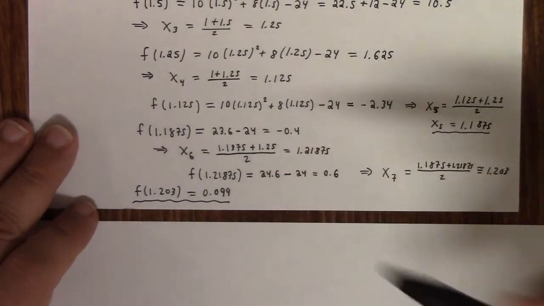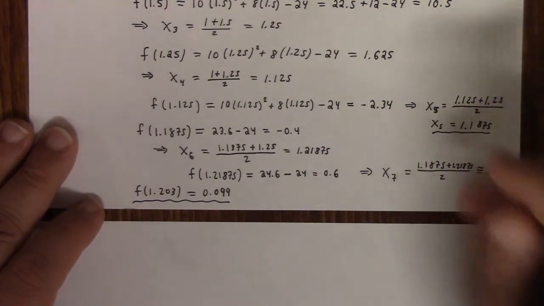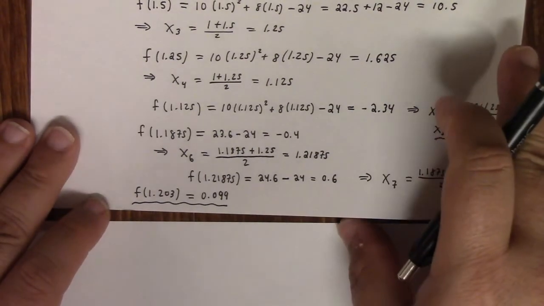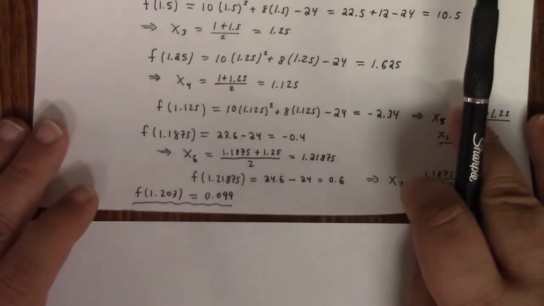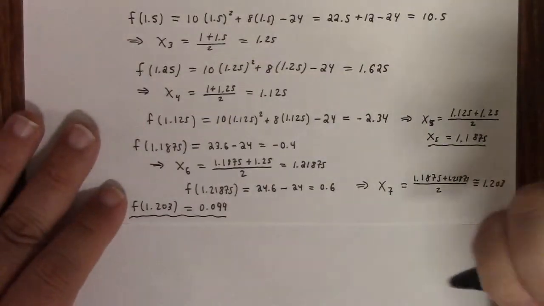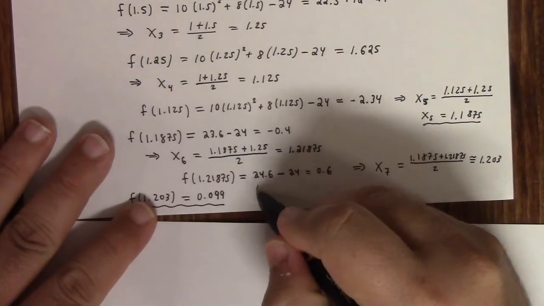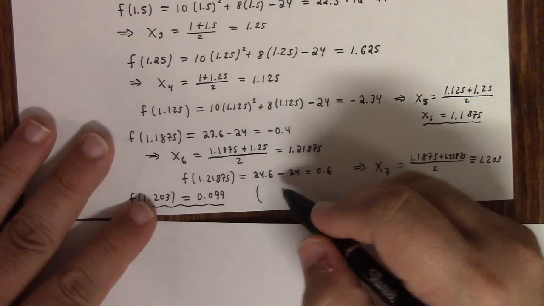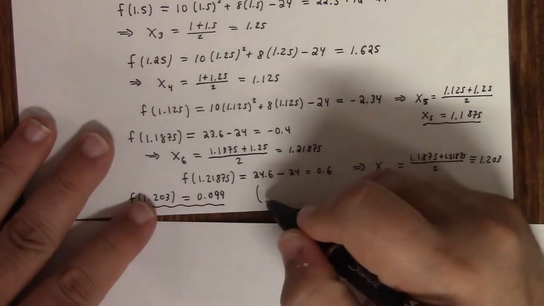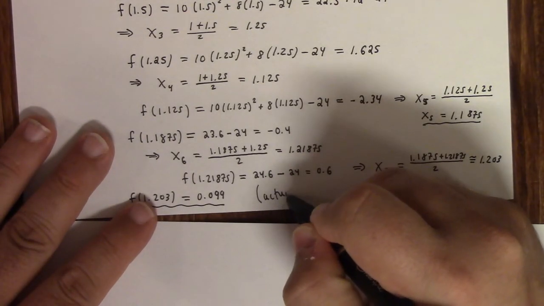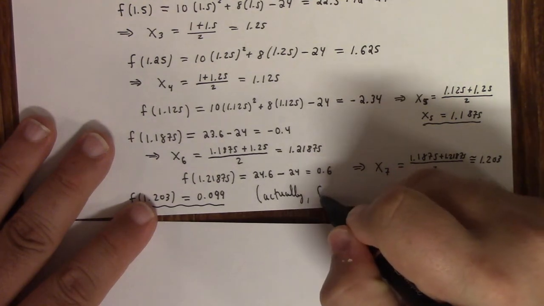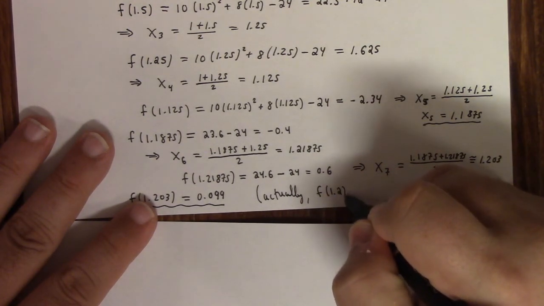And that's pretty close to the right answer, because I made up this example by putting x minus 1.2 as a factor. So actually, if you calculate it exactly, the man behind the curtain, full disclosure, f of 1.2, exactly 1.2, is equal to 0.